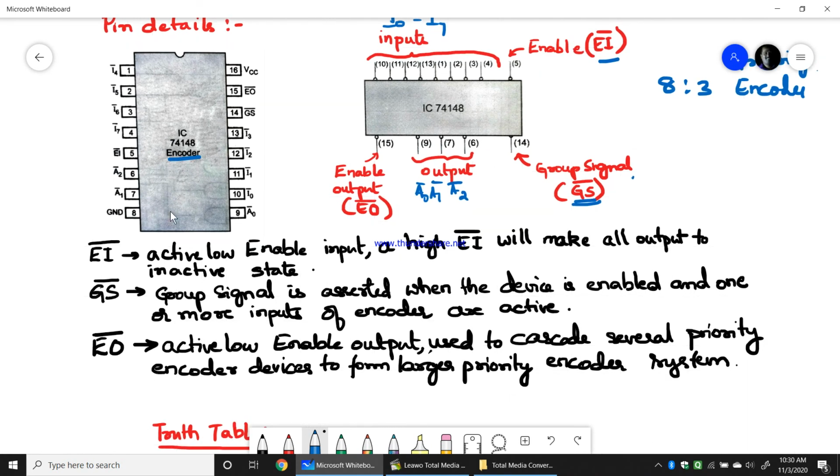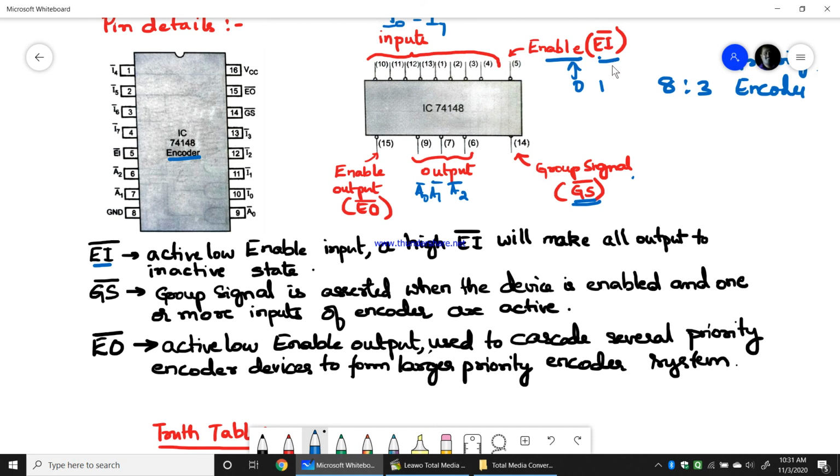So what is that? Let me tell you. Now EI bar is an active low enable input. So a high enable input will make all outputs inactive. This enable input is used to enable the entire IC, and it is active low, so 0 should be there to activate. Now if this is high, it means 1 is given to this, then it disables the entire IC, and all output and input lines will go to the inactive state.